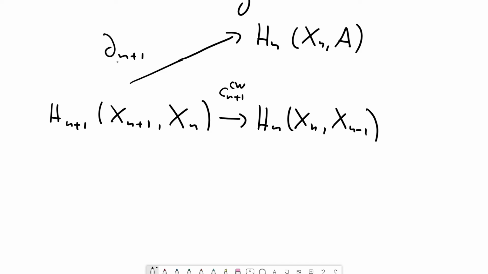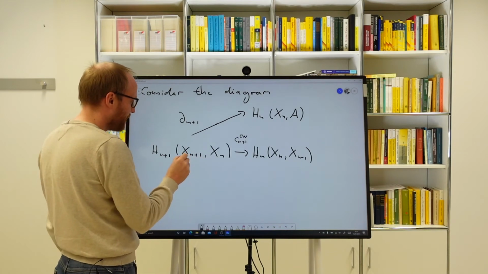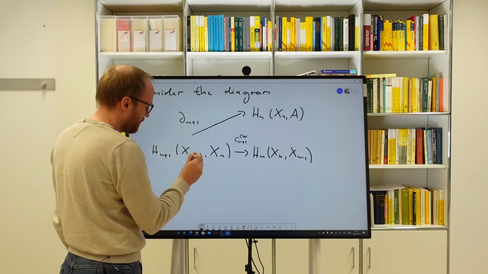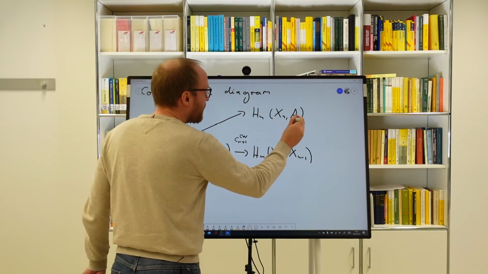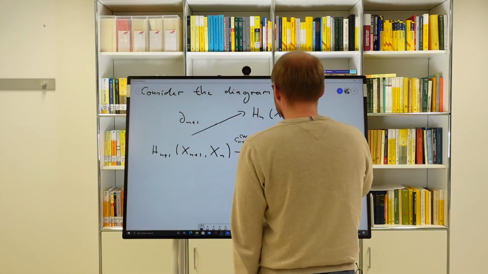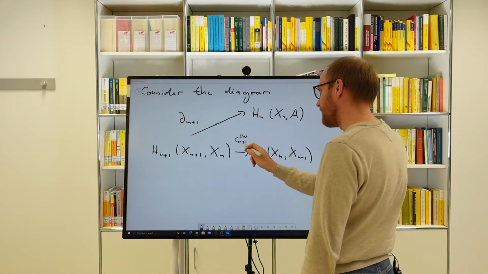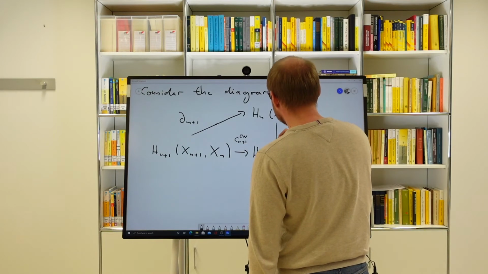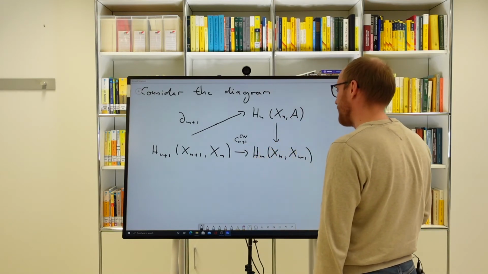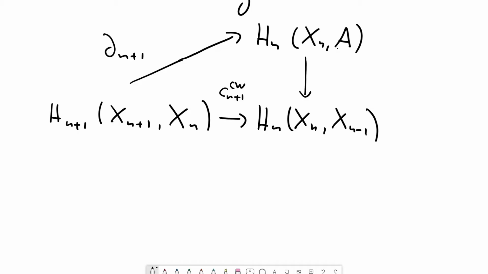This is the boundary homomorphism in the triple sequence of the triple (X_{n+1}, X_n, A). So this is the one we got here. And remember, the cellular boundary is now obtained as the composition of this triple sequence boundary homomorphism followed by this inclusion, which I call just i_n.